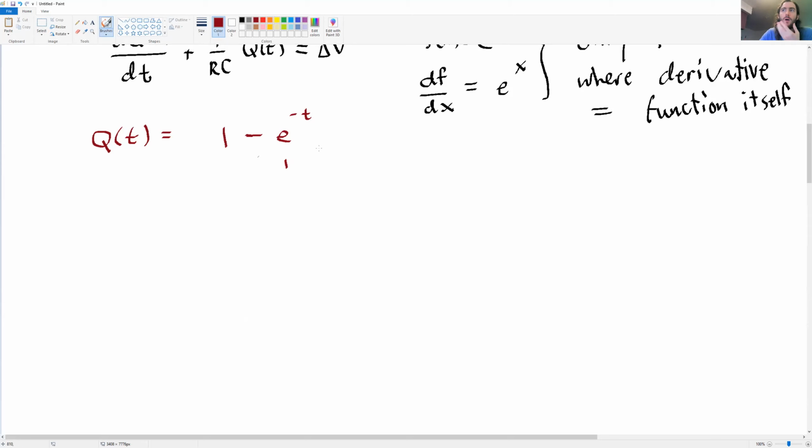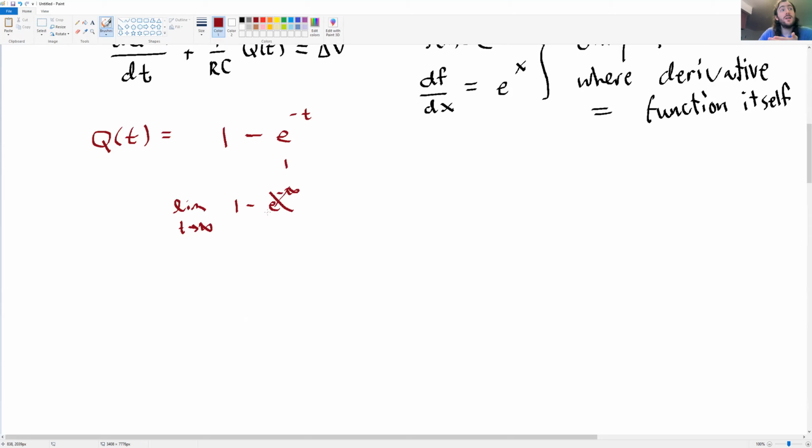Okay. Now, what about if I take the limit as t goes to infinity? Then I have 1 minus e to the minus infinity. What's e to the minus infinity? Well, it would be 1 over... Oh, go ahead. Yeah, it's 0. It's 0. So it goes away.